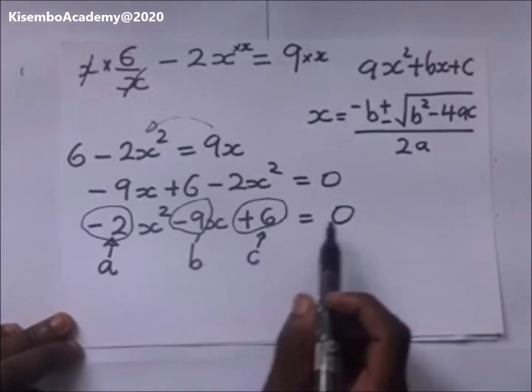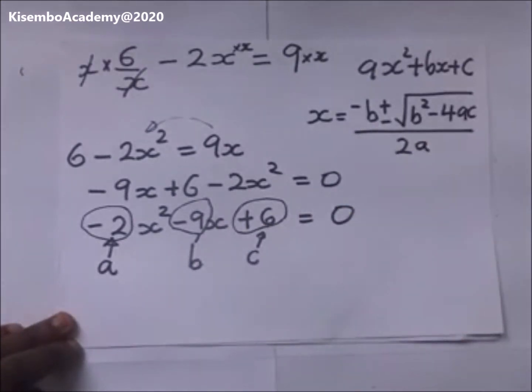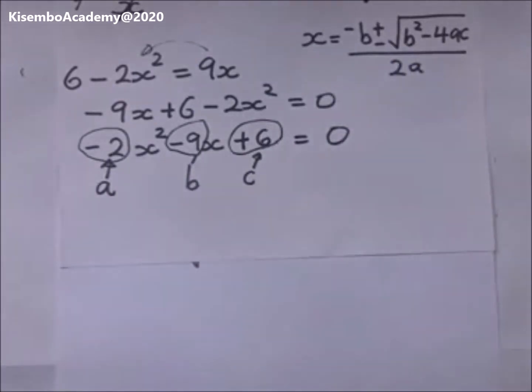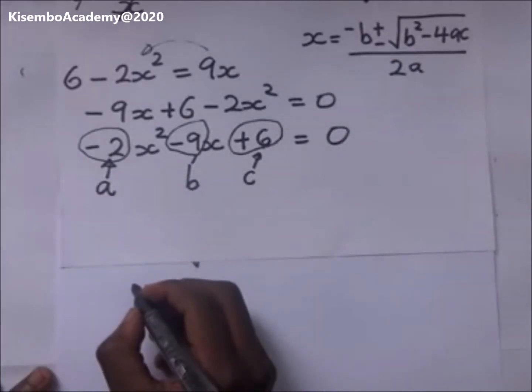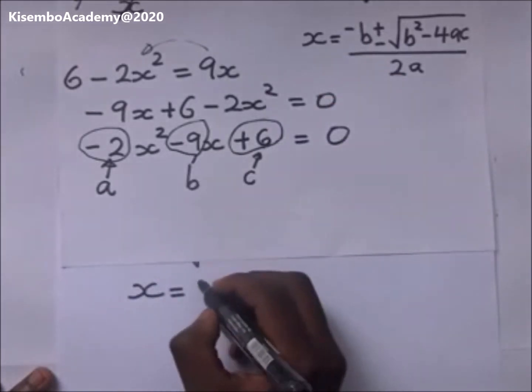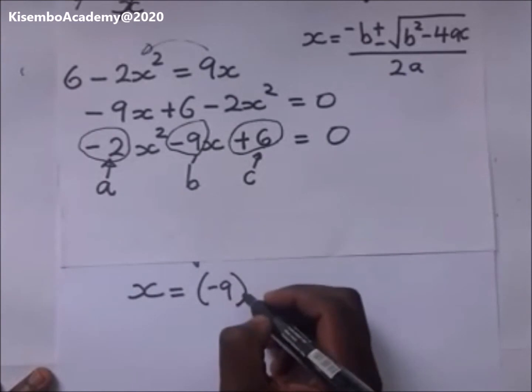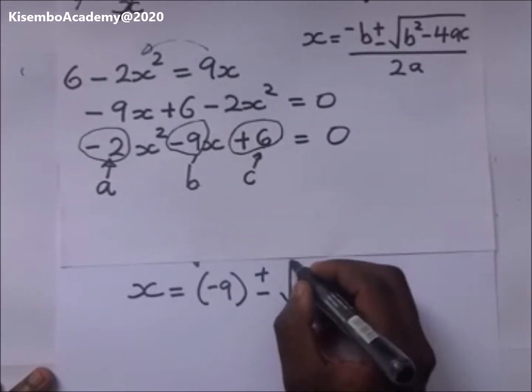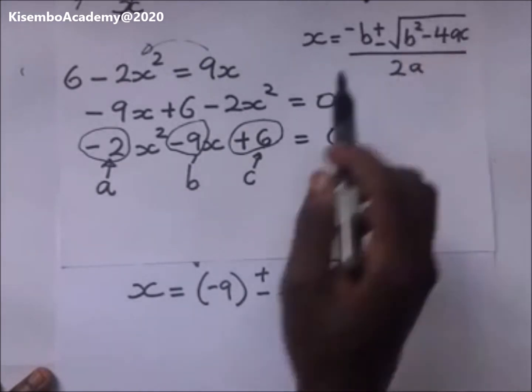So we substitute these in this expression. Substituting these terms a, b, and c in our equation means that our value of x is going to become negative b. Our negative b is negative 9, so it's negative 9, plus or minus the square root of b squared.